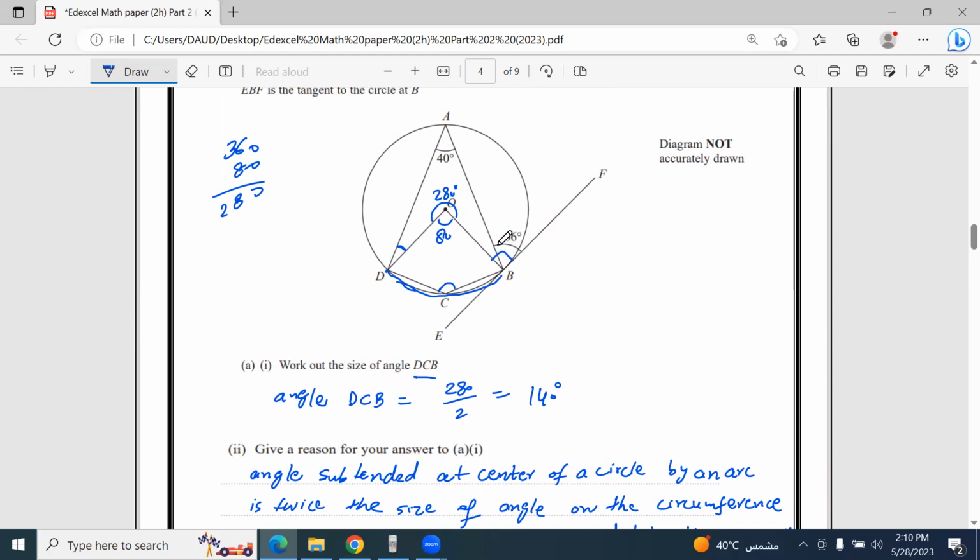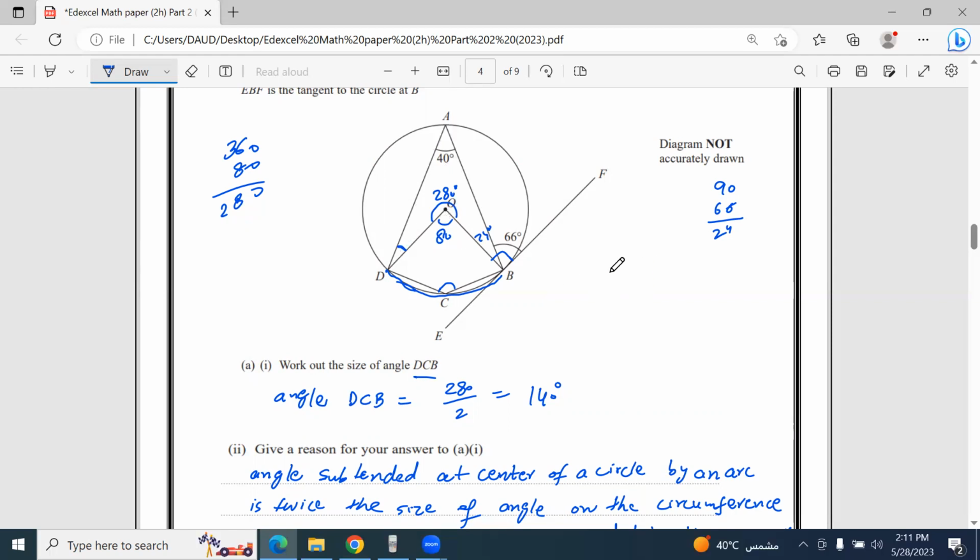So 90 minus 66. We have 4 and 8 minus 6 to 24. So this angle is 24. So once you know all these three angles, 280, 24, 40, we can find easily that angle, which is ADO.